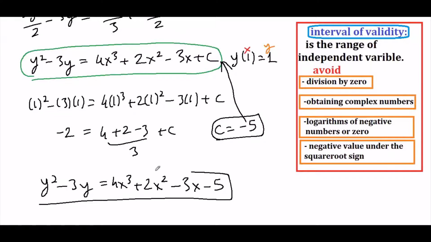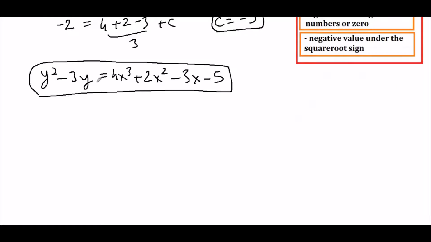Now we're going to work on this equation, and we're going to solve for y to be able to find the explicit solution. And then we're going to work on the interval of validity. Now we realize that this is a quadratic equation, and we're going to put this quadratic equation into standard form. Standard form of the quadratic equation is ax squared plus bx plus c equals 0. So here our variable is y.